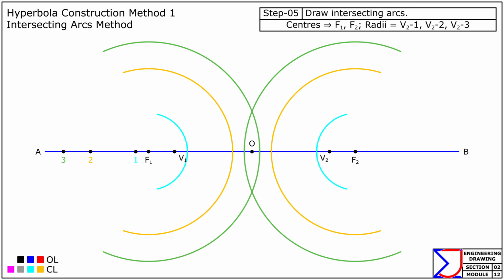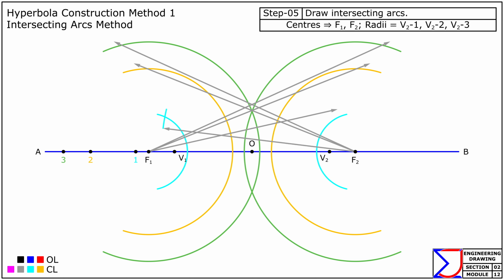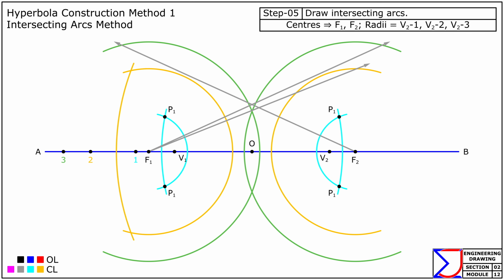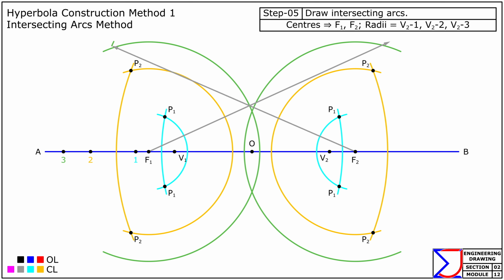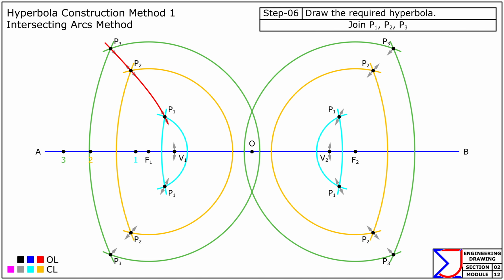Similarly, using radii V21, V22, V23, draw arcs from F1 and F2 to intersect the previous arcs. Finally, join all the intersection points with a smooth curve to form the two branches of the hyperbola.